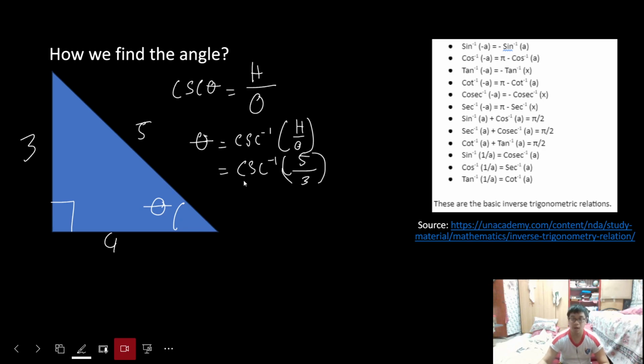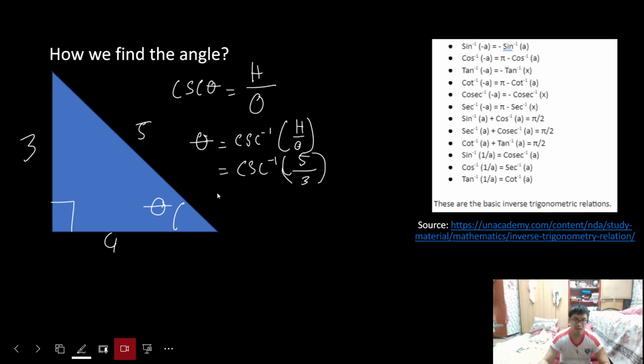So this is good. However, there's a problem, because as I told you before, commonly or usually, there's no arc cosecant in your scientific calculator.